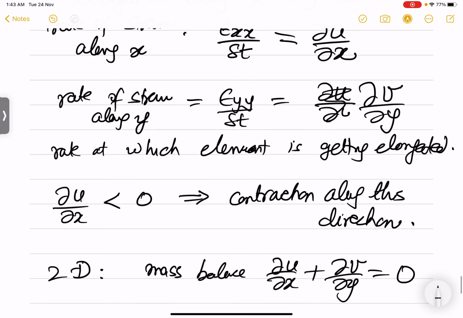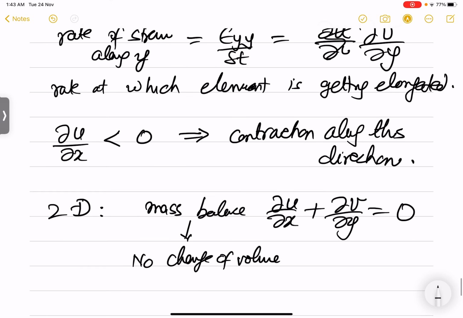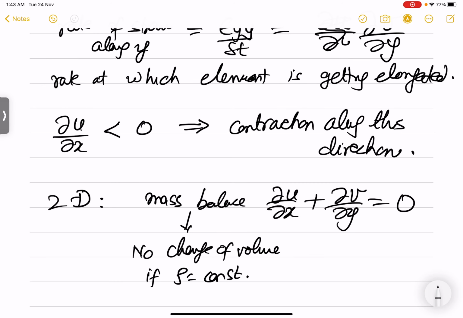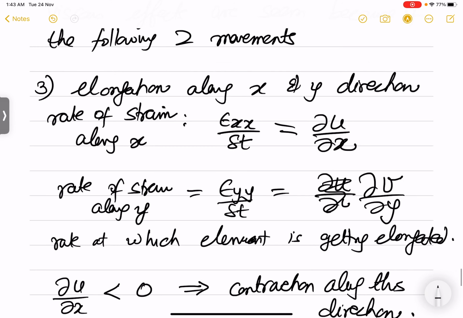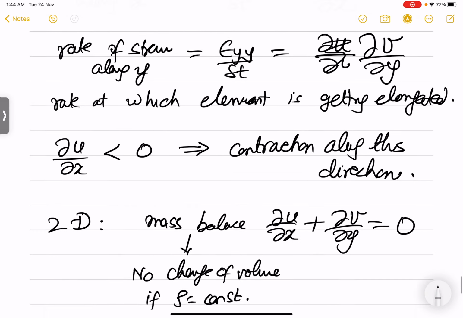Now you see, if you relate it to this, the mass balance implies no change of volume of the material particle if density is constant. So if there is no change of volume, then du by dx plus dv by dy gives us the net rate being increased along x and net rate being increased along y.